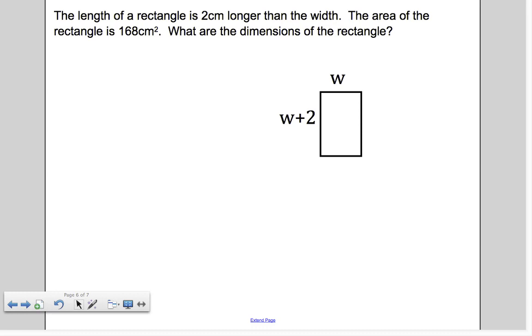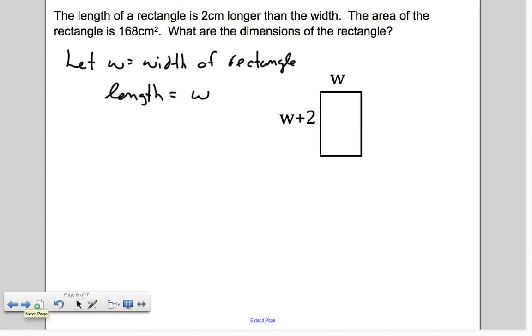So let w equal the width of the rectangle. Well, what do I know about the length then? Length is 2 longer than the width. w plus 2.